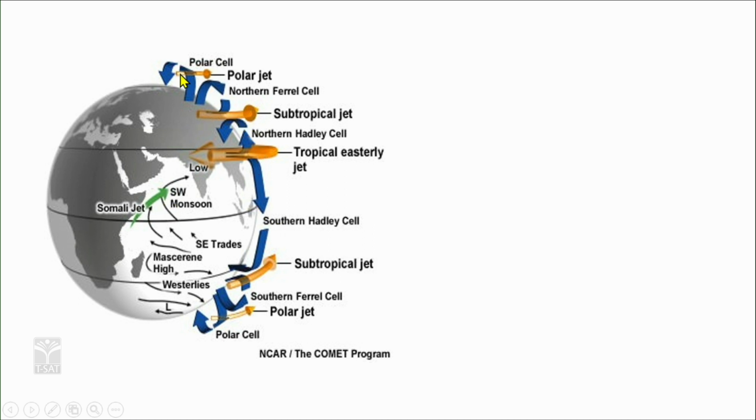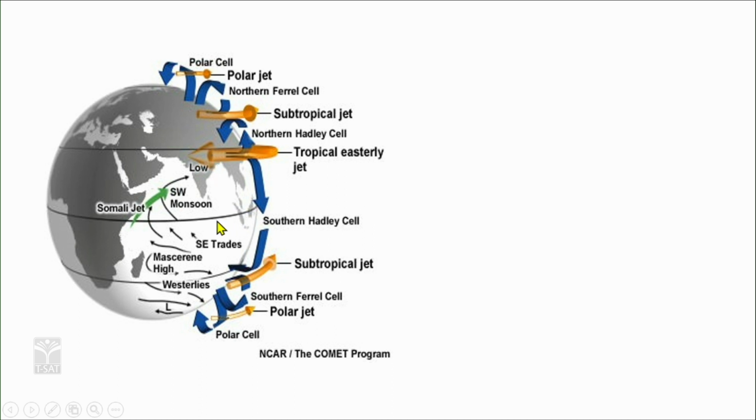These jet streams are upper air circulation at the tropopause, developing at the confluence of these latitudes in the polar cell and the northern Ferrel cell. So between the Ferrel cell and Hadley cell, there are certain jet streams. One is the Somalian jet, the second is the subtropical jet, which further strengthen the monsoons.